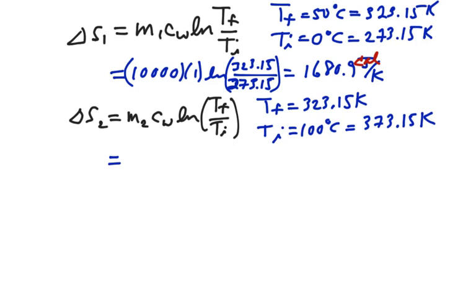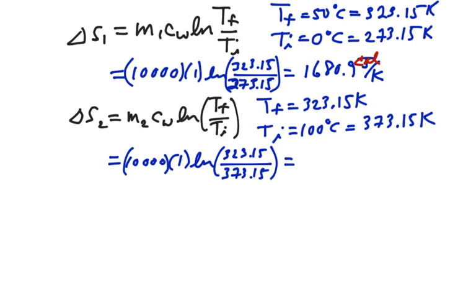So that will make this 10,000 times specific heat of water, 1 calorie per gram per degree Kelvin, natural log 323.15 over 373.15. And what is that? 323.15 over 373.15, natural log, times 10,000 has a negative 1438.6 calories per Kelvin.